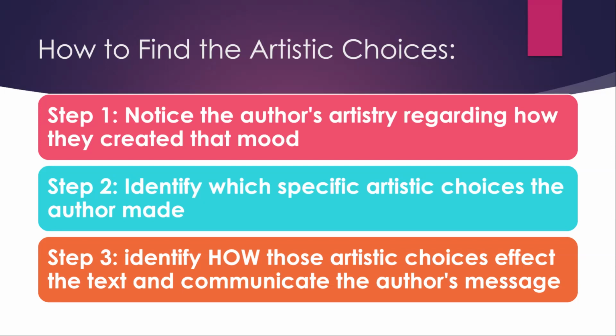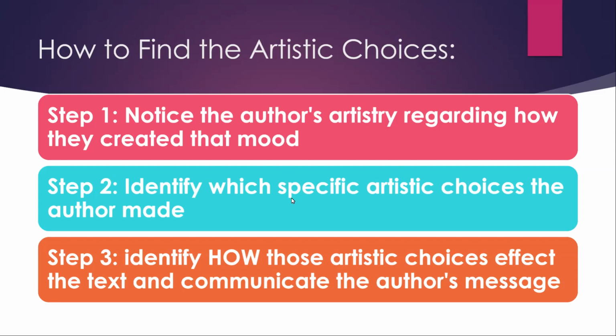Specific words that takes into account the actual definition of the word and the emotional charge of the word. And also imagery. Imagery is a huge thing to think about when we're talking about artistic choices. What pictures did the author create in your mind?